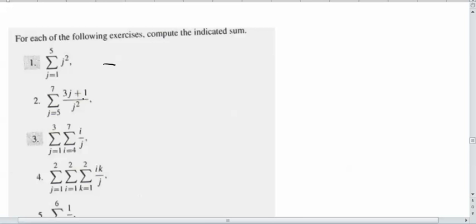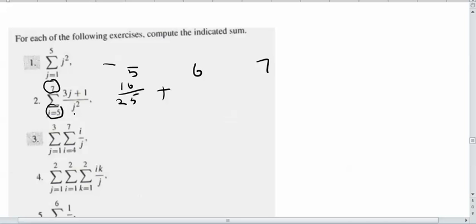Okay, for number 2, this is something that you keep in mind too. If you're working a summation and the number of steps is very small, it's probably best if you just work it out. In other words, I start off at 5, then 6, then 7. When I plug in a 5 here, I get 16 over 25.